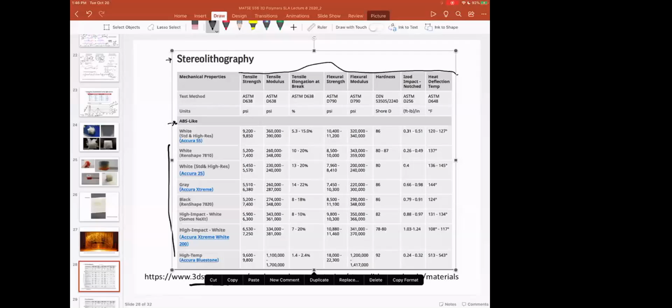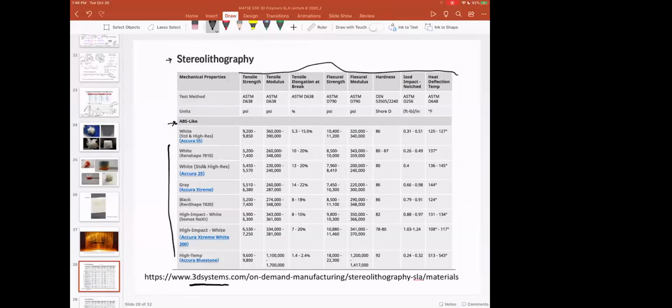Is it high impact? What color is it? Is it high temperature, like this Accura Bluestone here? Is it just a standard resin, like the white standard resin that's ABS-like?